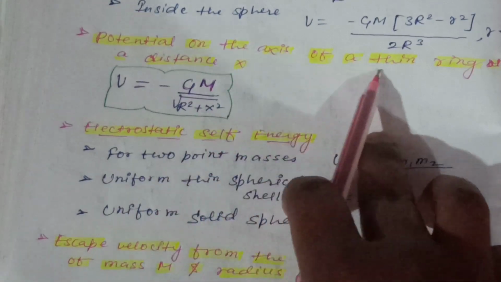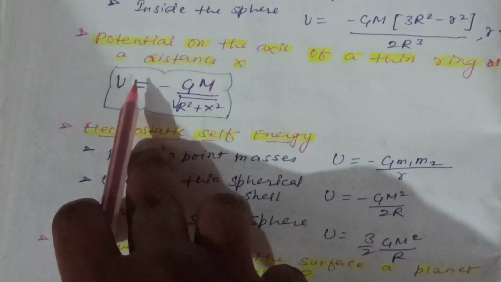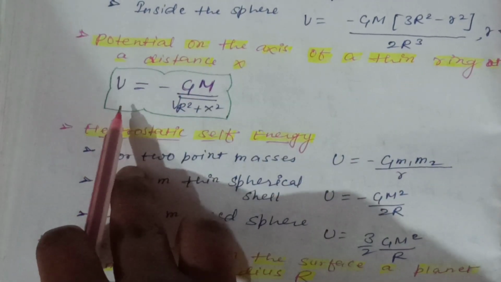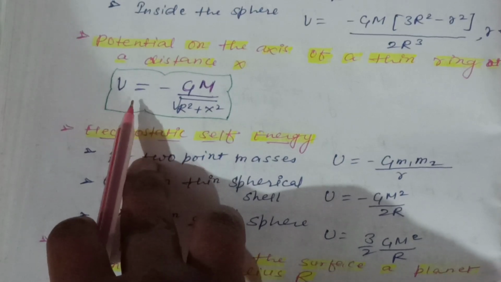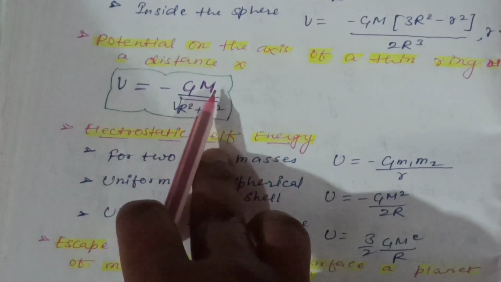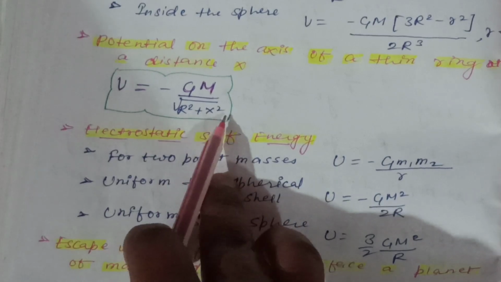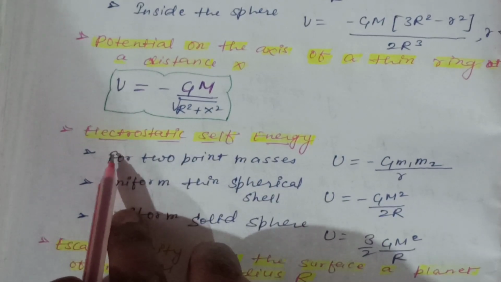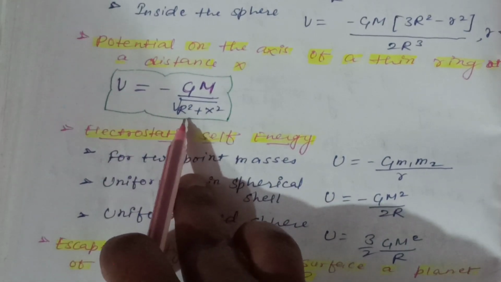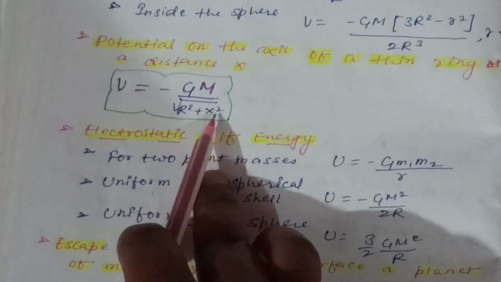Potential on the axis of a thin ring at distance x is V = −GM/√(R² + x²).